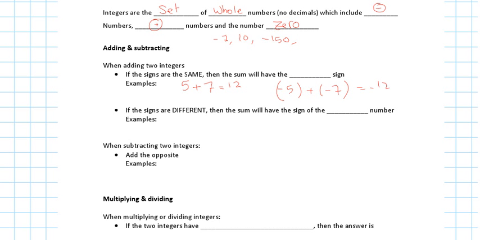So if you are 5 levels below ground, 1, 2, 3, 4, 5, and then you go down another 7, you're going to be even further down. You go down 7 more, so you're still in the negatives, and you're going to be at negative 12. Does that make sense?